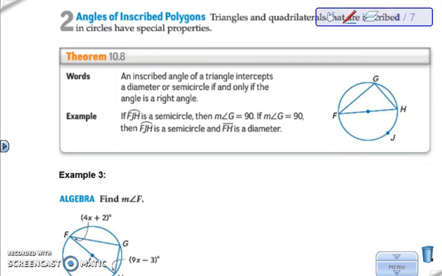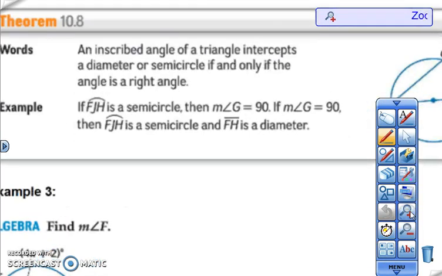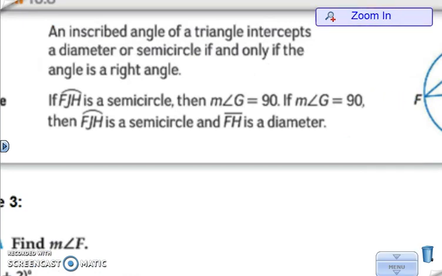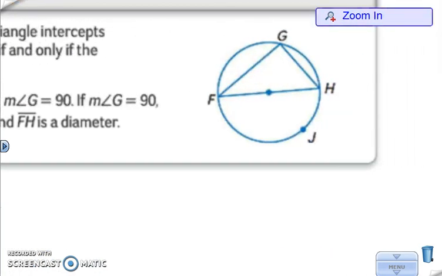All right, the next little theorem. Again, this goes back to what we were saying about how the inscribed angle relates to the arc. I notice FH is my diameter. If F to H is the diameter, then we know that it goes directly through the middle of the circle.